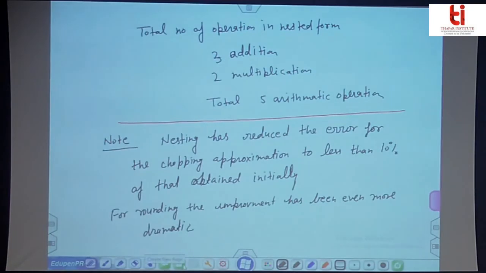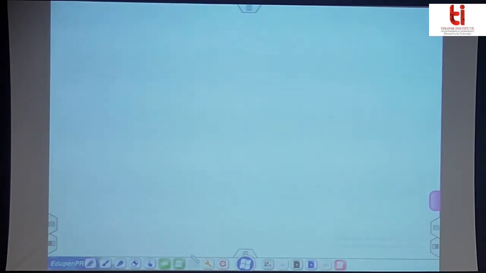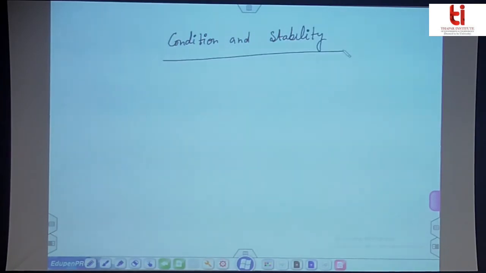Okay, next topic, condition and stability. So condition and stability. What do you mean by condition? Let's write, then we'll explain. Condition, what do you mean by condition?